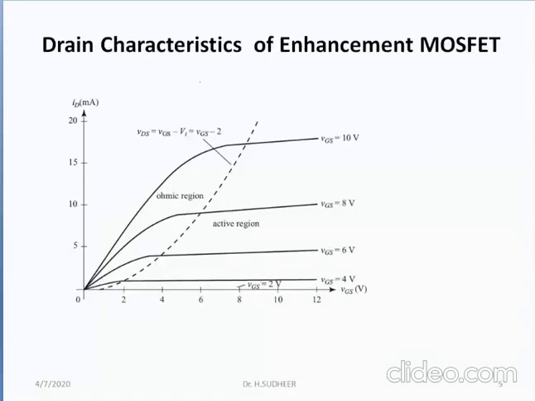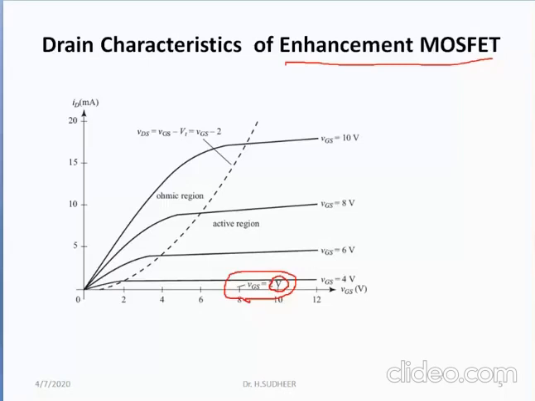The figure shows the drain characteristics of enhancement MOSFET. As I said, we require a minimum amount of VGS for the MOSFET to operate. When VGS is less than or equal to 2 volts, ID is equal to 0 because the channel cannot be established.